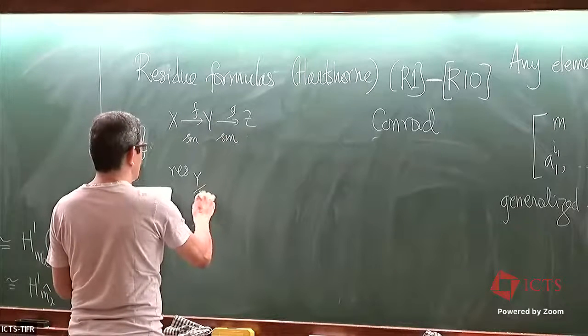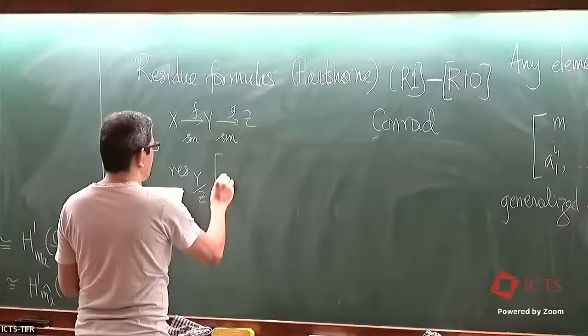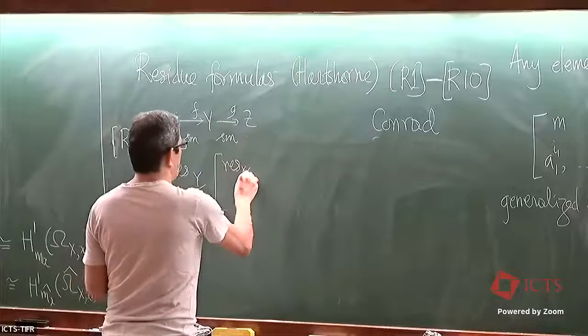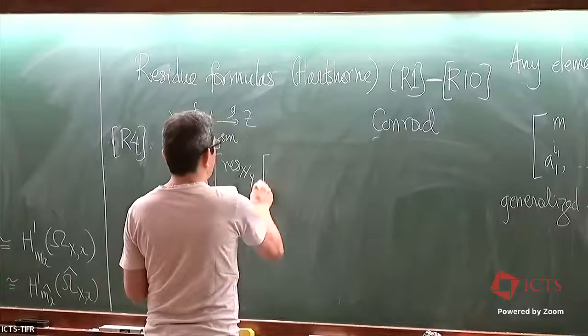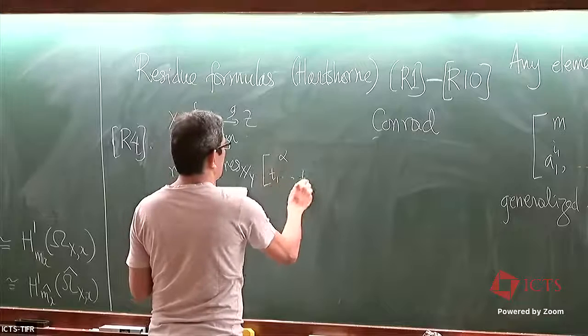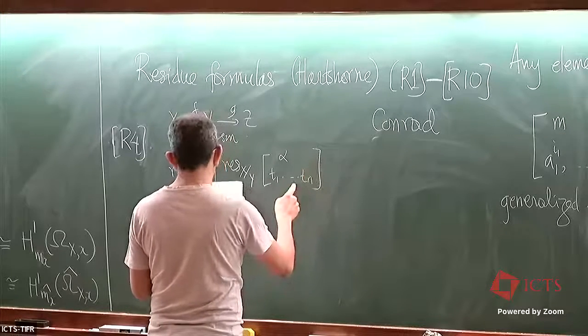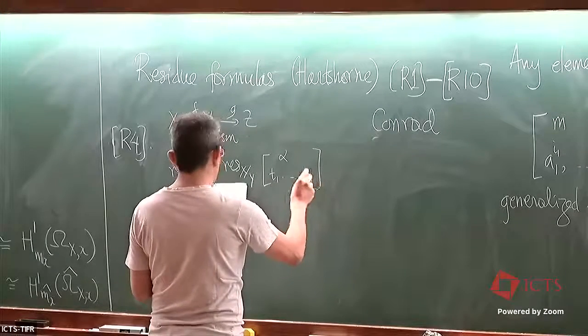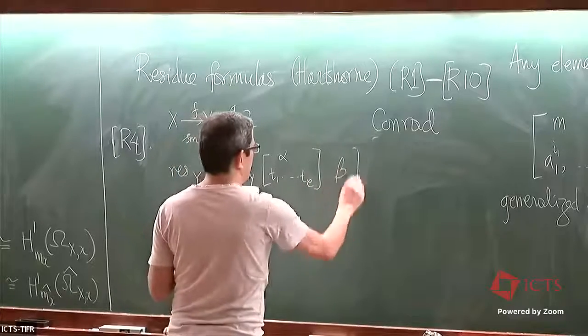So let's call it residue y over z of residue x over y of alpha T1 to Tn. So here, okay, let's call it Te, and then beta.